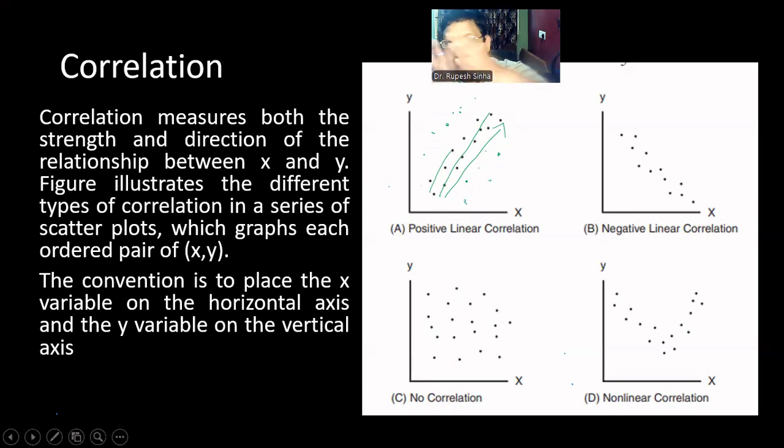The more scattered it is, the weaker the correlation, and the closer to the line, the stronger the correlation, whether positive or negative, and this is no correlation.